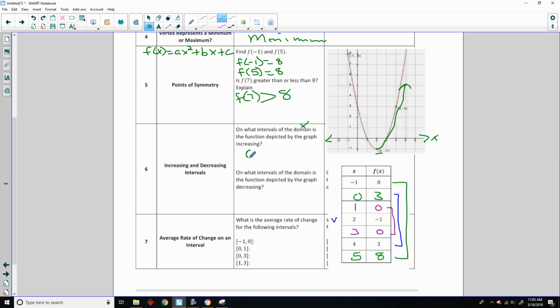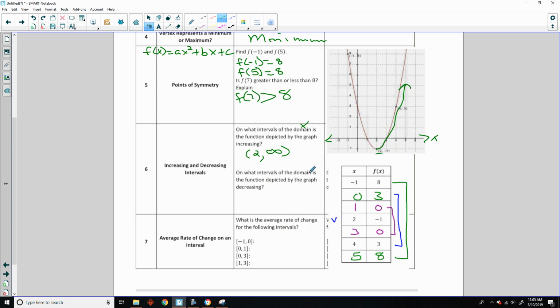We use a parentheses here because it's not increasing at the point, so we can't use a bracket. If it's also increasing at that point, you would use a bracket. But in our situation, it's not increasing at 2, it's increasing from the open interval 2 to positive infinity. So it's increasing from here to the right forever and ever.